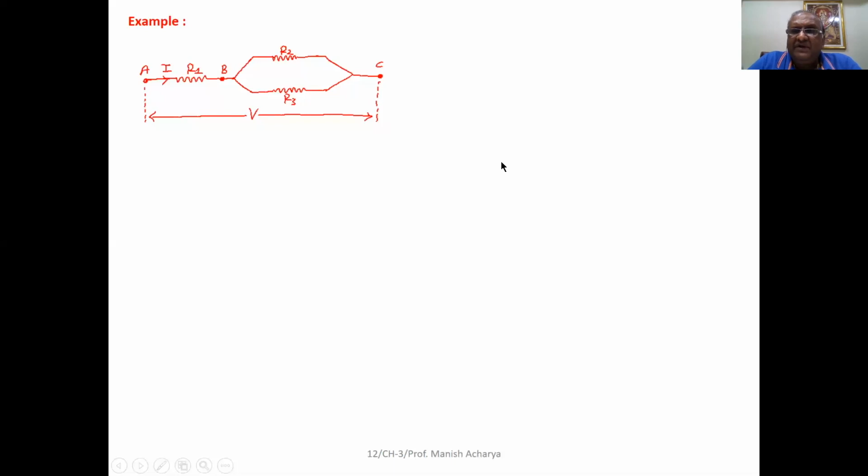Now here one simple example is given to you in which three resistors are connected between two terminals A and C as shown in this figure.